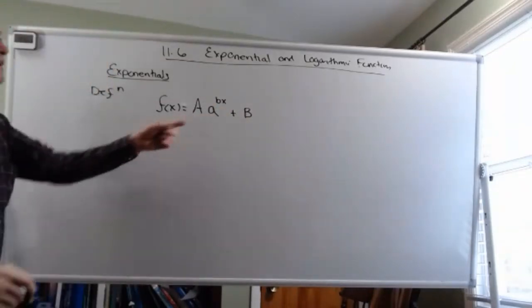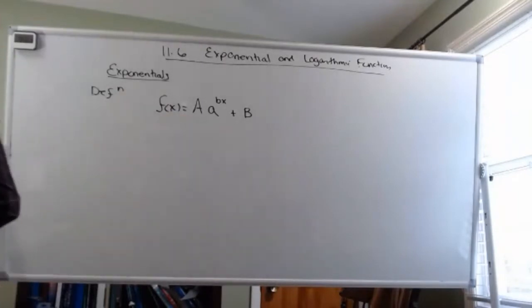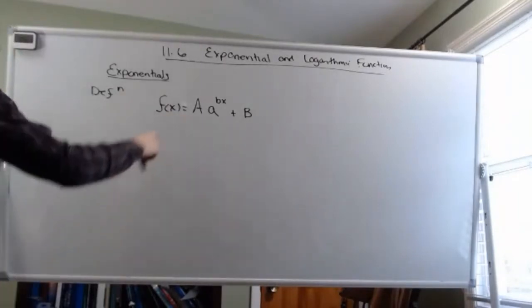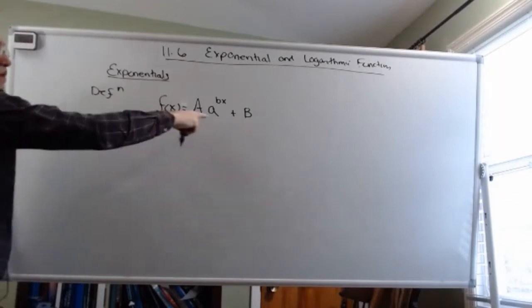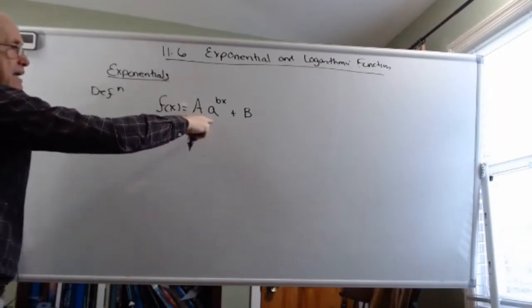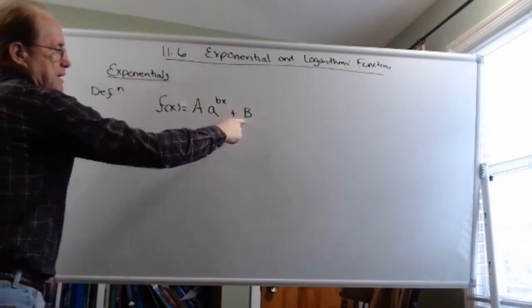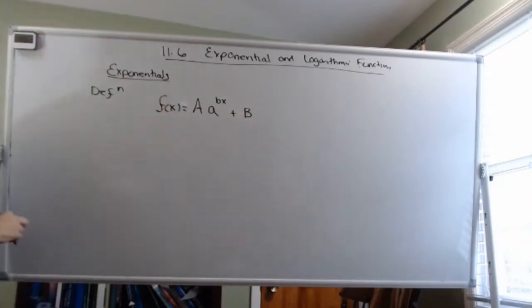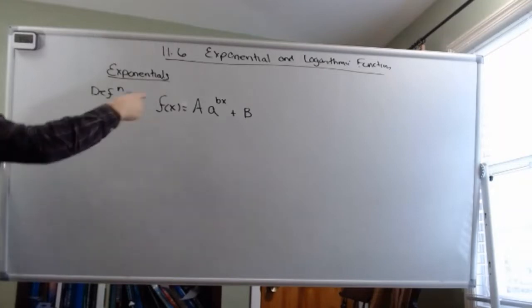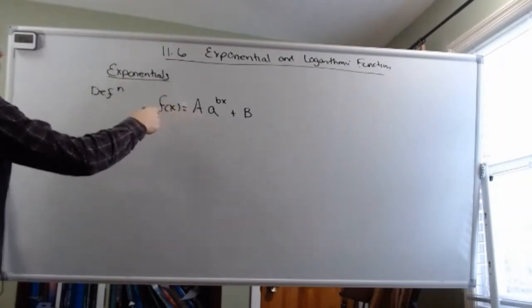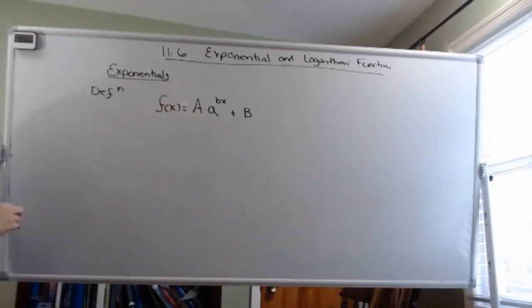Now, A is kind of like an amplitude, but it's not quite an amplitude. We want to see what happens to the graph as capital A, capital B, and little a and b change. So what happens as we change these parameters to the graphs of our exponential function?